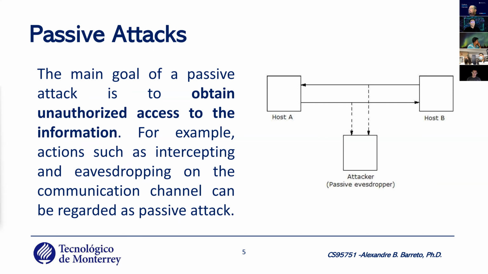A very simplistic attack is the eavesdropper. For example, in the network course, did you use Wireshark to sniff the network? Yes? Okay. It's an example of one passive attack. You don't have any authorization to sniff the network, and you install a sniffer in the network.